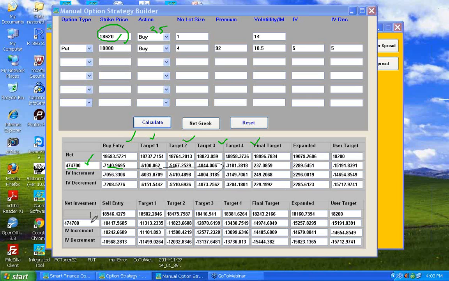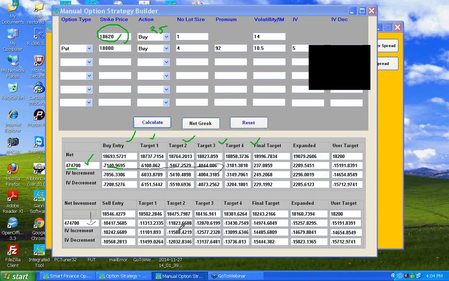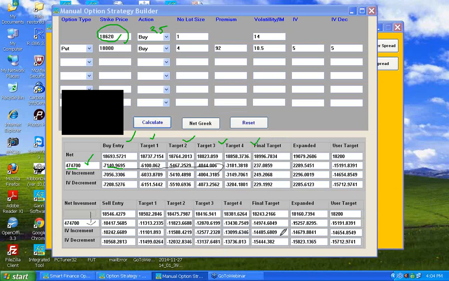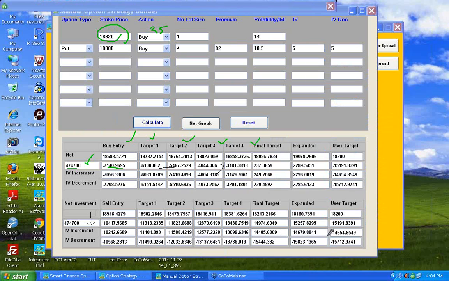When I come down here, I will see in the down move how my profitability and liability is moving. If the implied volatility increases by 5%, then how my profit and loss will be charted here. And if the IV decreases by 5%, then how my profitability and liability is going to be impacted on this particular strategy in the coming 3 days.